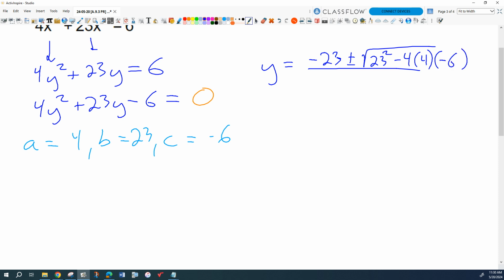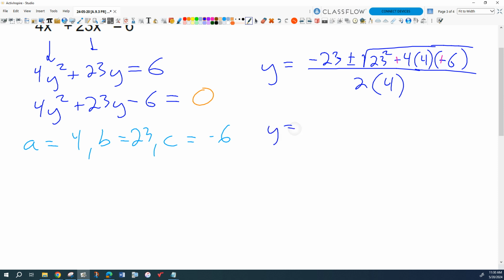Aha, and what happens when I multiply by a negative there? Yeah, look at that, I get a negative times a negative, so I could make those positive, couldn't I? All divided by what? 2a, which is 2 times 4. Okay, so then we would have to just simplify all that stuff, right? So what's that going to give me then?